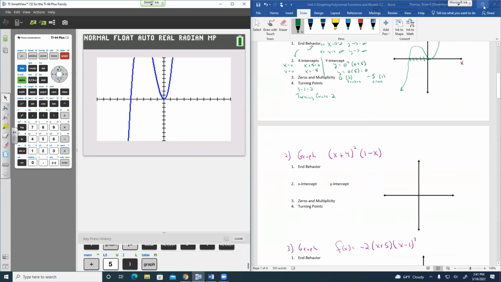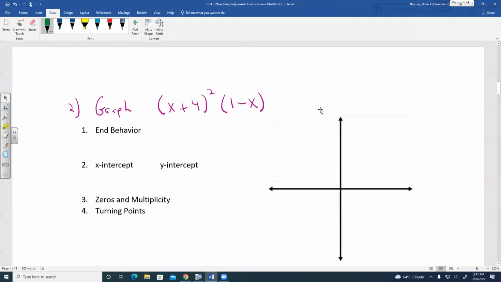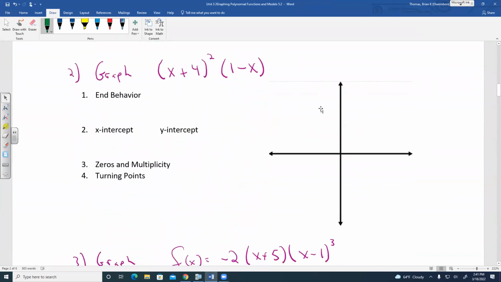Okay, let's look at this next example. If I want to graph x plus 4 squared times 1 minus x. Notice how we have an x squared times a negative x. So this is going to be like a negative x to the 3rd power. So notice that a is actually going to be a -1 as well there.